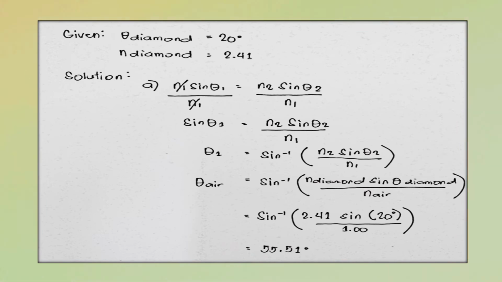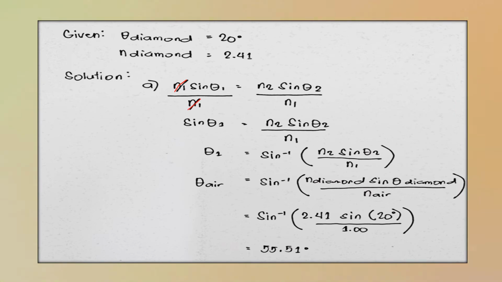Okay, so we will again use the formula of Snell's law, which is n1 sine theta 1 is equal to n2 sine theta 2. And since we are looking for the angle, we have to divide both sides by the value of the incident ray. So cancel n1 to n1 in order for us to get the sine theta 1.